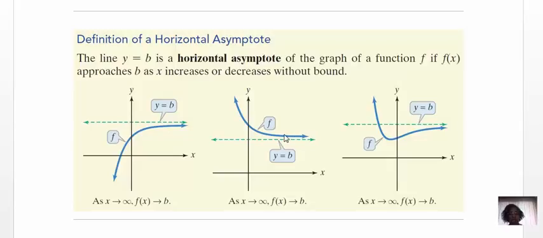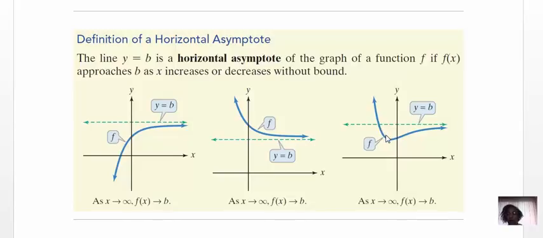It gets infinitesimally closer and closer, but never actually touches it. Here in this third graph, we see there's actually a point where the graph touches the horizontal asymptote. This is something that can happen. So the function at some value of x actually equals b.